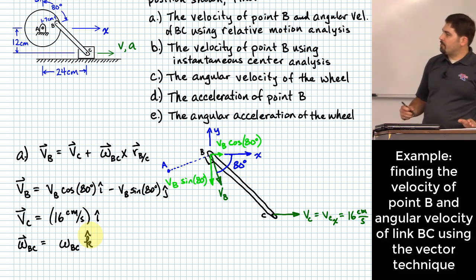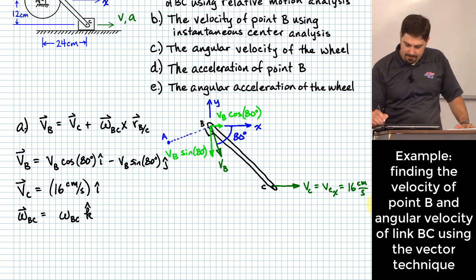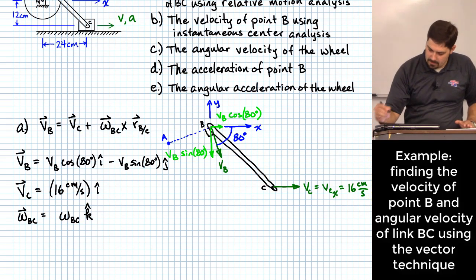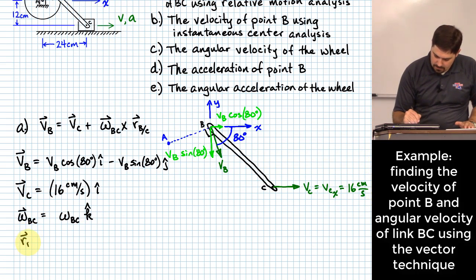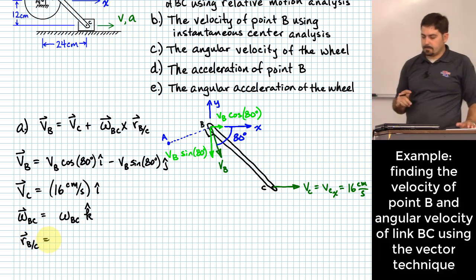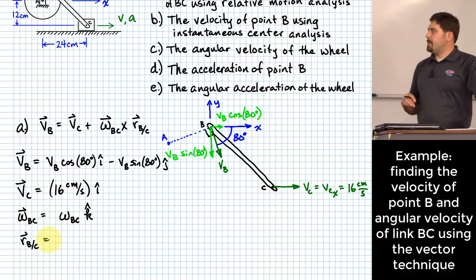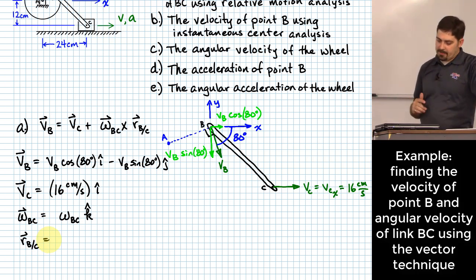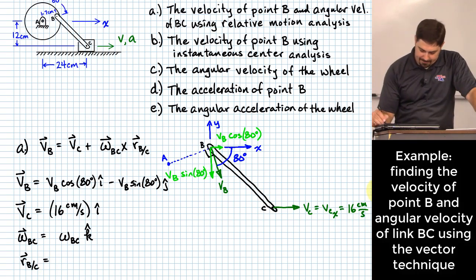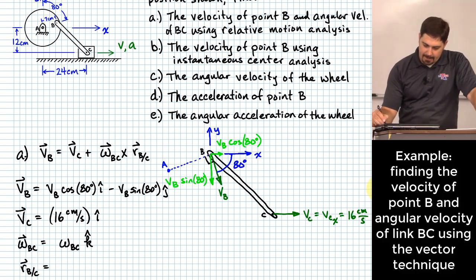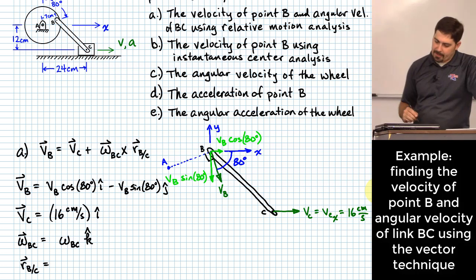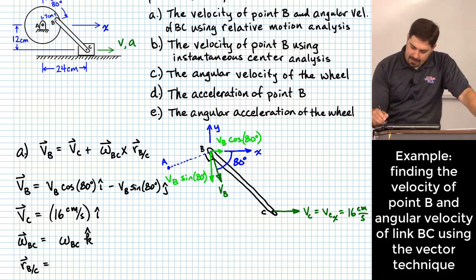Now what is R of B with respect to C, or B relative to C? Okay, R of B with respect to C is just going to have to be handled with a little bit of geometry. Okay, so here's how I would approach that.